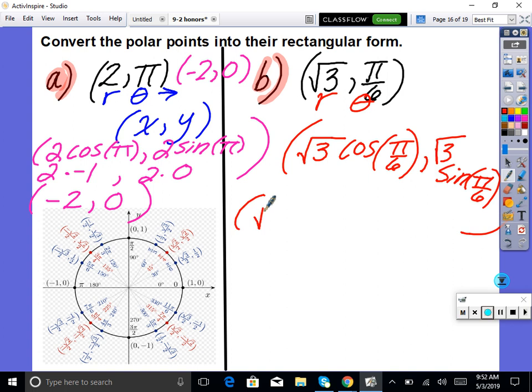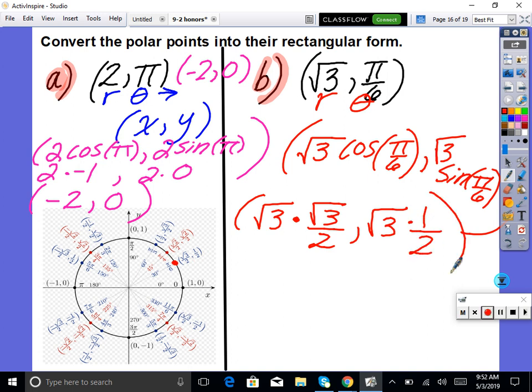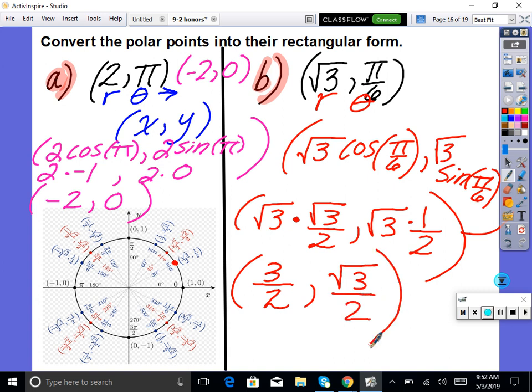So then we have √3 times cosine of pi/6, which is √3 over 2, comma, √3 times 1/2. So now √9 divided by 2 is 3/2. And then right here we would get √3 over 2, wouldn't we? Okay, very good.